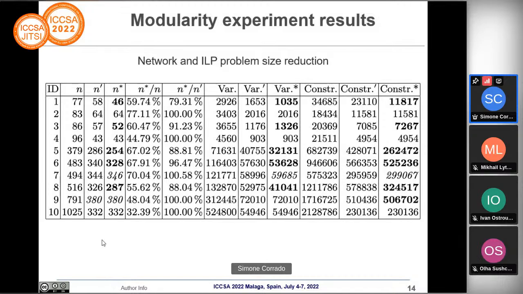How does the performance compare with stochastic techniques? Stochastic techniques would solve those networks in fractions of a second, and pretty often to optimality, but it's not guaranteed, and you don't know in advance if it's optimal or not. It also depends on the stochastic technique. But here, that's guaranteed.